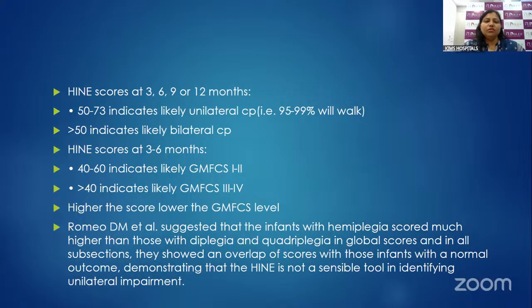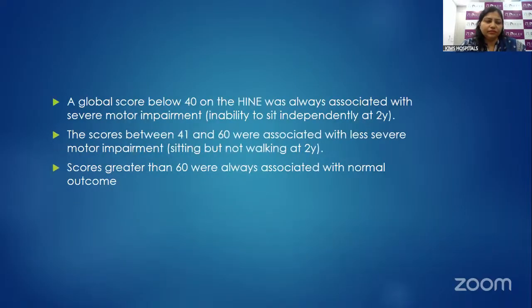Okay. So then you will correlate it, and then you can tell that these children are having the higher score, but the GMFCS level is low. Okay. And then you can send them for some interventions.